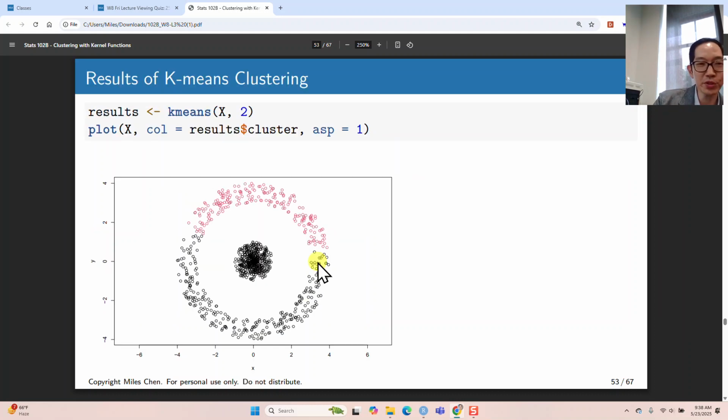If you just try regular old k-means clustering, this is the result that R gives. Again, it's using Euclidean distance, so it puts these ones together, but then all of these points belong together because, with Euclidean distance, the points up here and the points down here are far apart, and so Euclidean distance says they are very different.